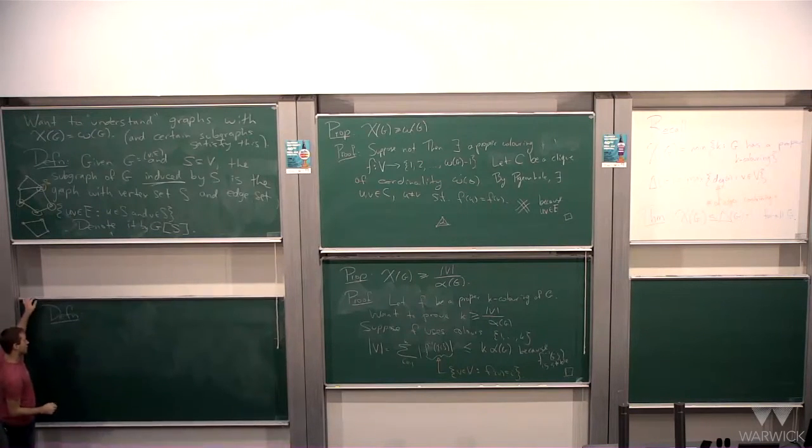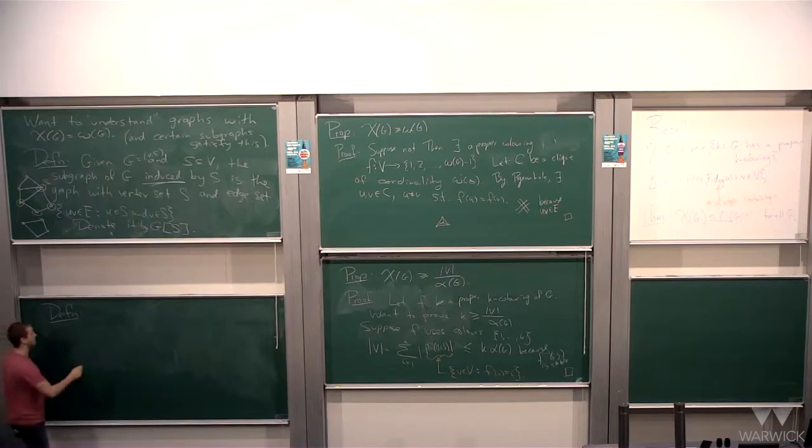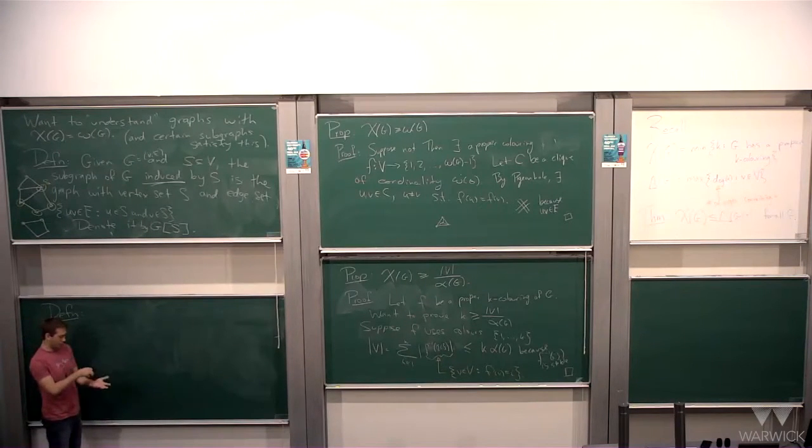Okay, so now I want a notion of how I can say that two graphs with different vertex sets and different edge sets are the same in a certain sense. There's a natural notion of isomorphism.